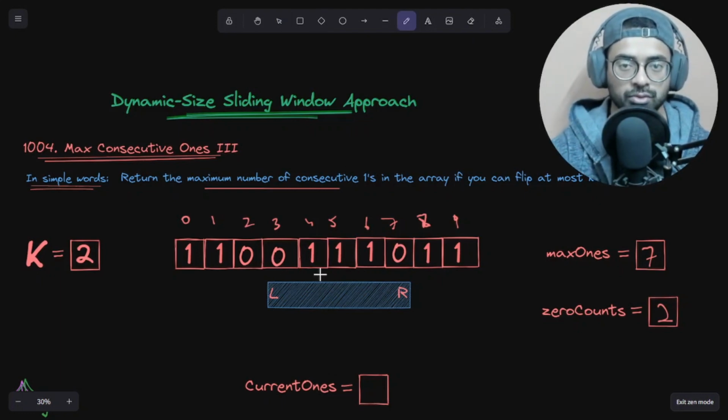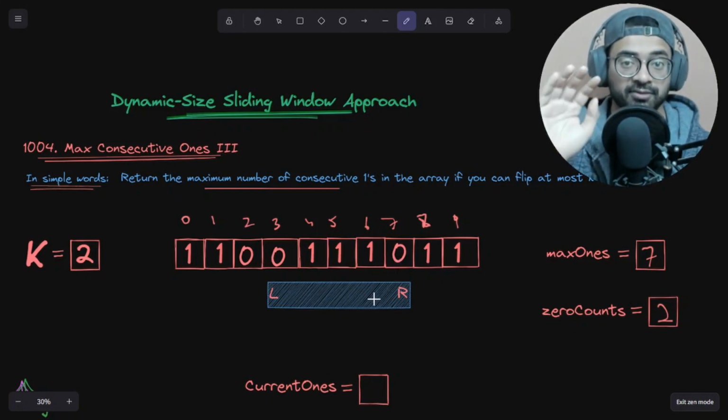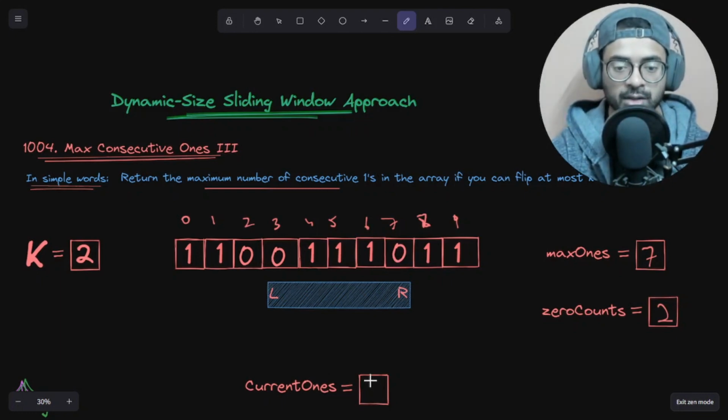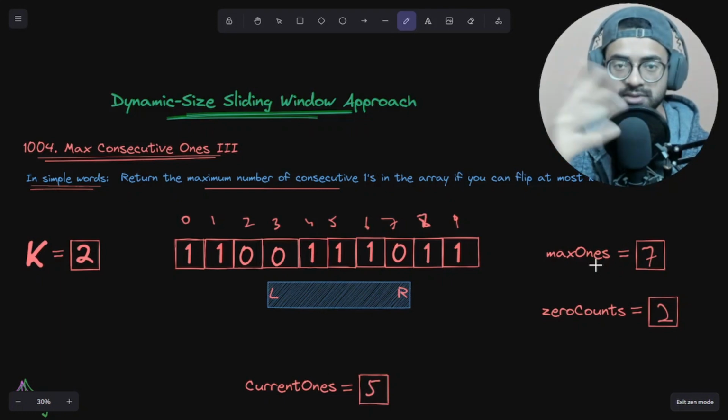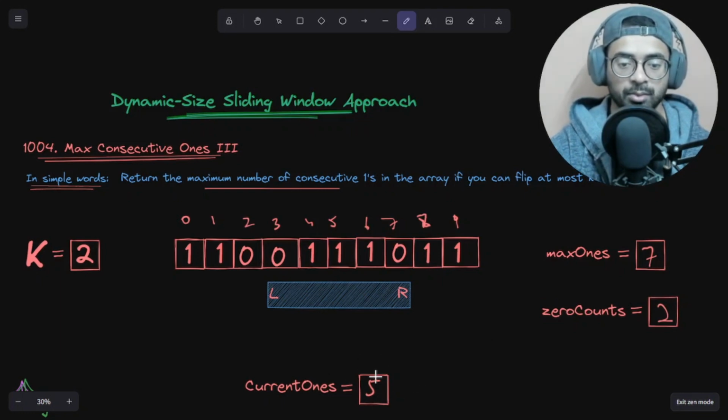There are 3 ones, so 4 ones, and then right is also pointing towards 0. If I flip this 0, it will become 5 ones. So the current ones is 5 and the maximum ones which we previously found was 7.